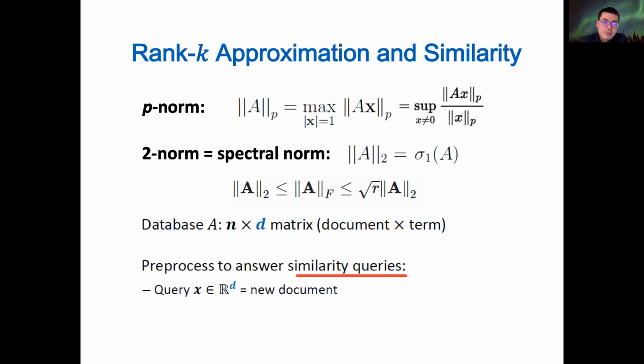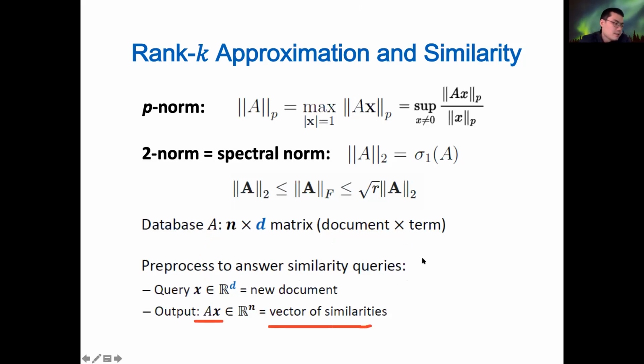How can we represent this in matrix form? The output is something like this. This is called a vector of similarities. Why? Let's say this is A. This is your first article A1, second article A2 in the database, and this is your nth article An.